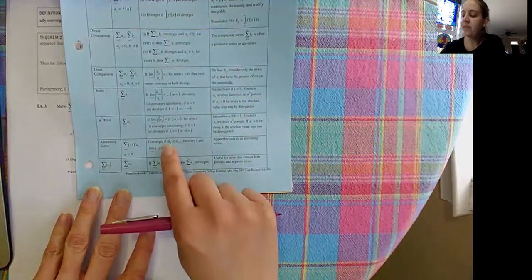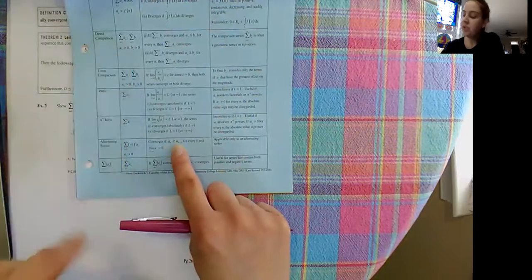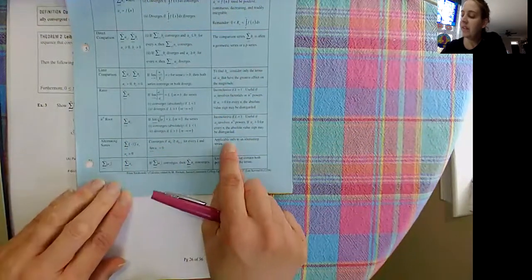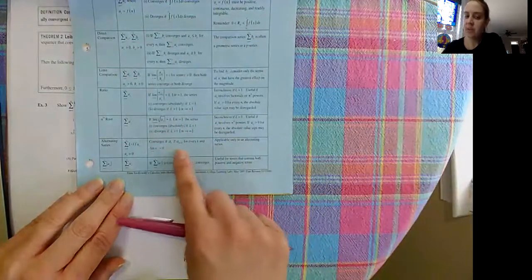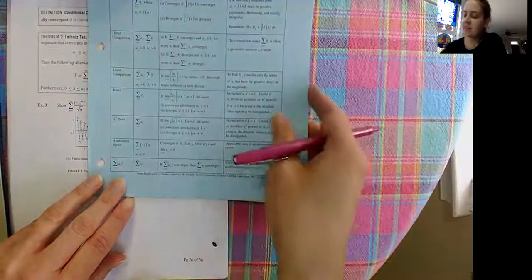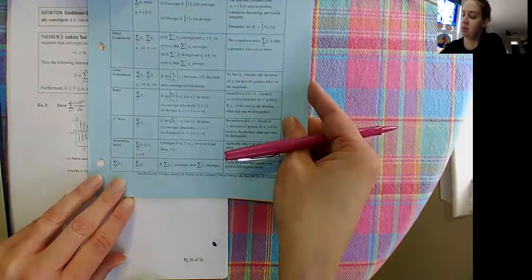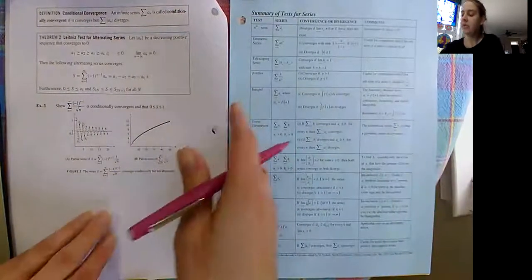So if the term that you're at is larger than the term that you're going to, and the limit goes to 0, it converges if those other criteria are met. Then inside of that, you can tell me if it's conditional convergence or absolute convergence. Yeah, so alternating series.